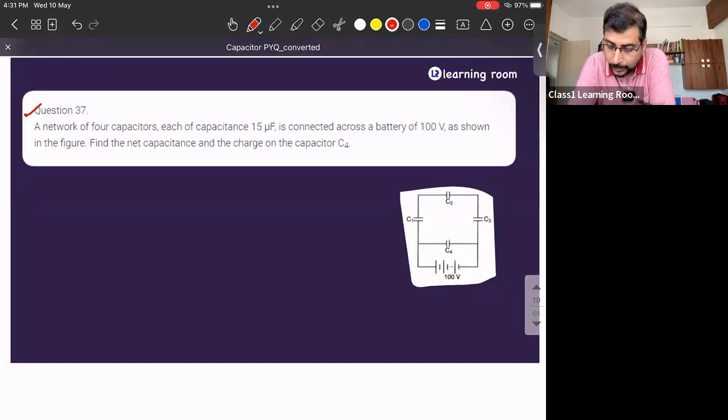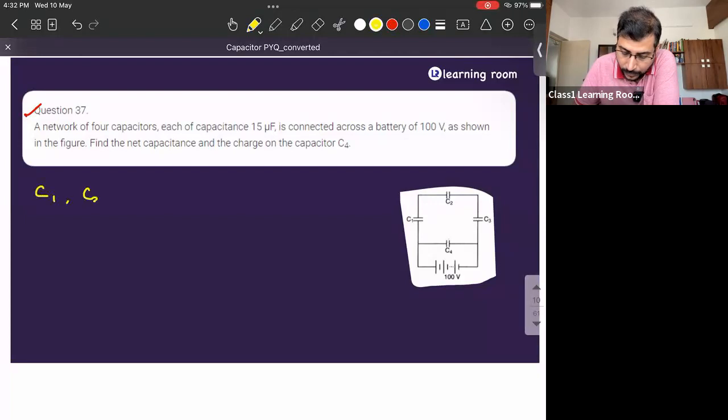So a network of 4 capacitors, each of 15 microfarad, is connected across a battery of 100 volt as shown in the figure. Find the net capacitance and the charge on the capacitor C4. So first part of the question is find the net capacitance. So how to find the net capacitance?